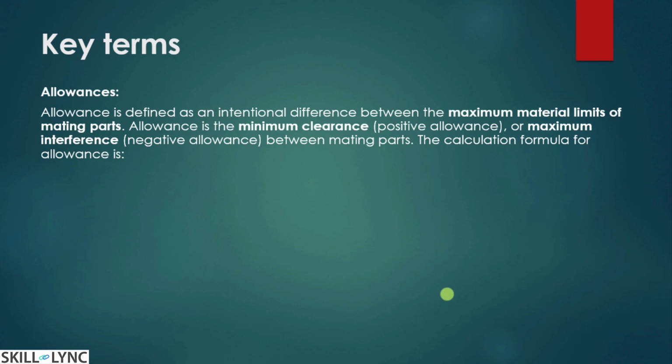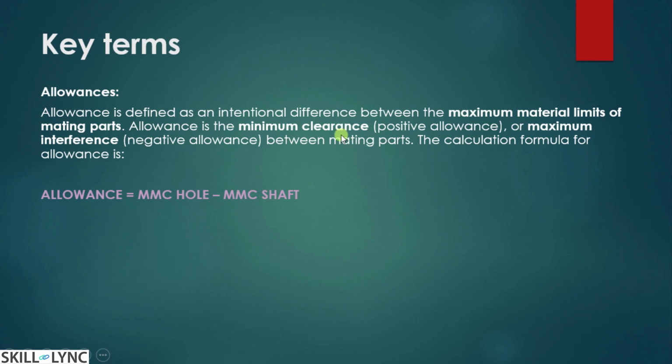It means that allowance is the minimum clearance, that is a positive allowance, or a maximum interference, that is a negative allowance, between the mating parts. So allowance is calculated from the MMC, the maximum material condition of a hole, and the interfacing part, that is the shaft, in its maximum material condition. In these conditions, the intentional difference that you are allowing is called the allowance.